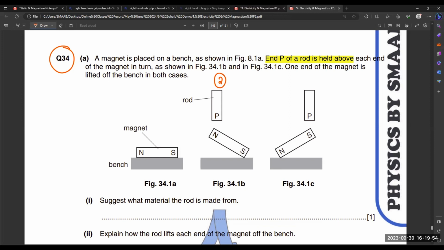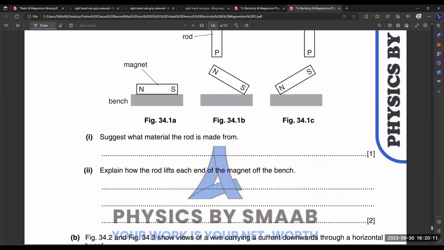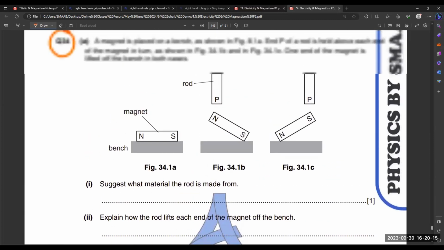And in the third diagram, P again picks up the South Pole also, right? So you can identify that P is a rod and it picks up both poles. The question is to suggest what material the rod is made from.